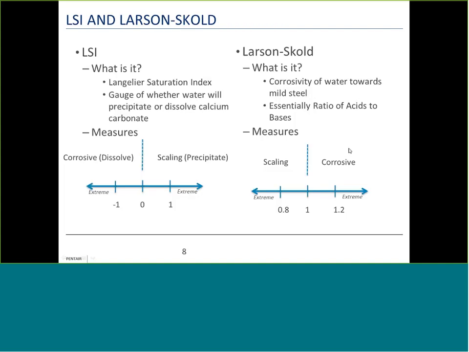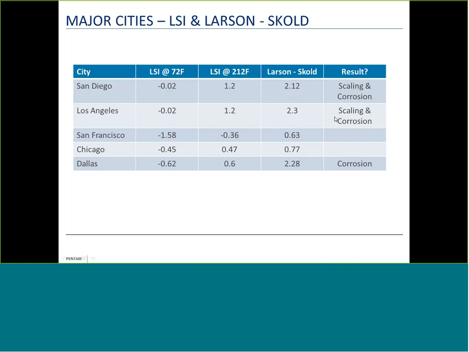And that will make this water corrosive. So what we're going to see here is potentially a buildup of scale and corrosion in coffee, espresso, and steam applications. And something very similar takes place in Los Angeles as well, based on these numbers. The larger the Larson-Skold number is, the more positive it is, the more corrosive that water is.